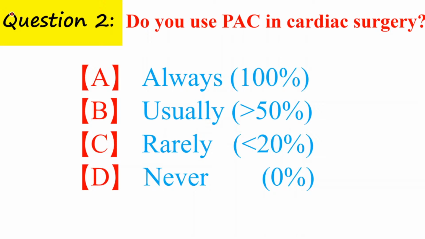Sometimes for liver transplant, we prefer to use the PAC, but we are afraid of hemorrhage, so for liver transplant the rate is above 50%, I think. Not only in cardiac surgery. In transplant, we use it more than half. Thank you.